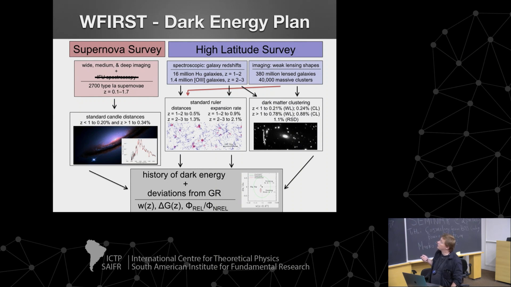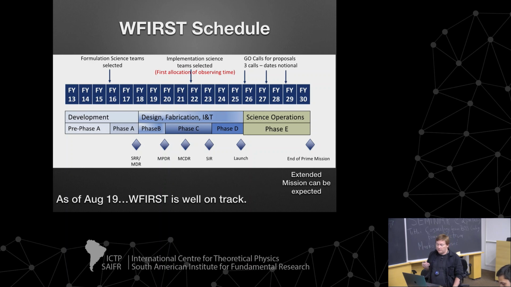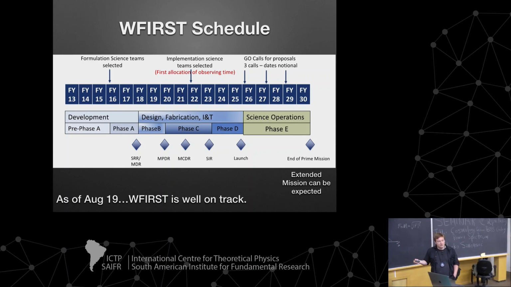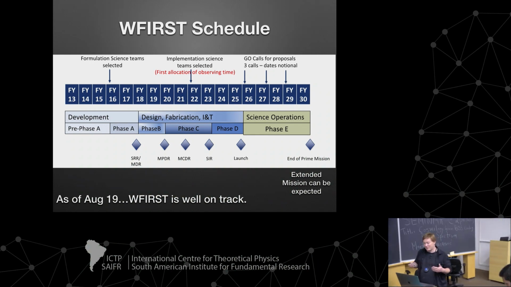Unfortunately, we lost the IFC spectrograph capability. Again, there were some cost savings that had to be made. The reason is that JWST, the James Webb Space Telescope, has such a big cost overrun right now. It was originally proposed to cost much less. Now it costs about 9.6 billion.